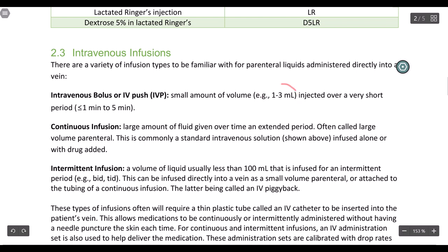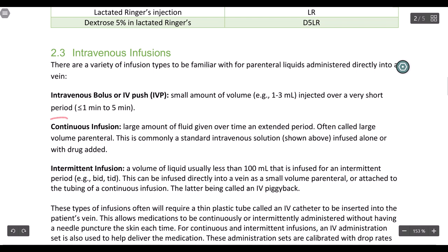This is like 1 to 3 mLs, and that's usually in a syringe, and you're slowly pushing that into a patient through an IV line. So the end of the IV line is the needle and syringe, and that's being pushed. And usually it's being pushed over about 1 to 5 minutes, that 1 to 3 mLs is being pushed into the patient through the IV line into their vein.